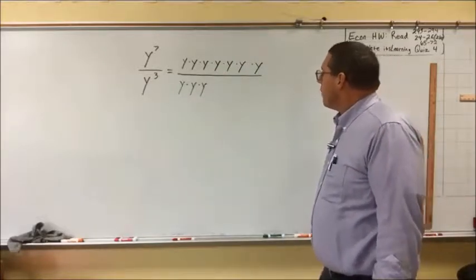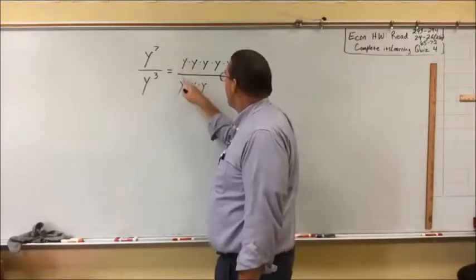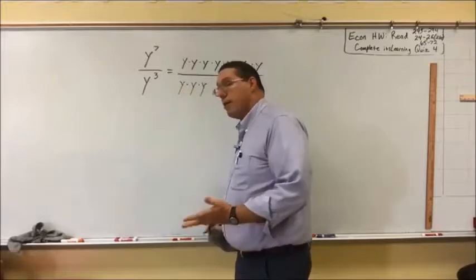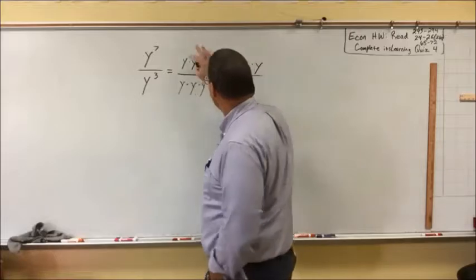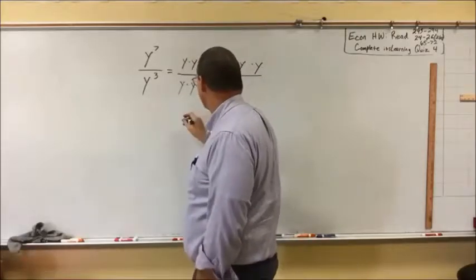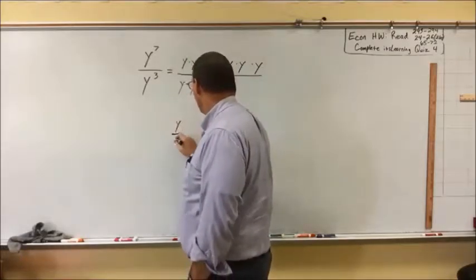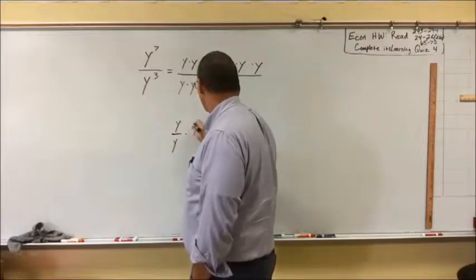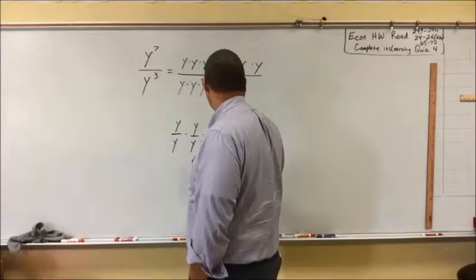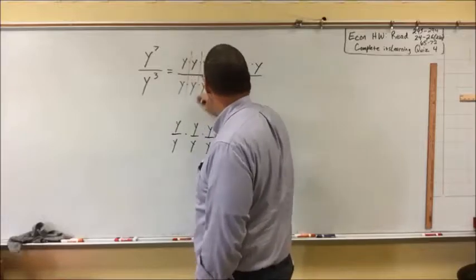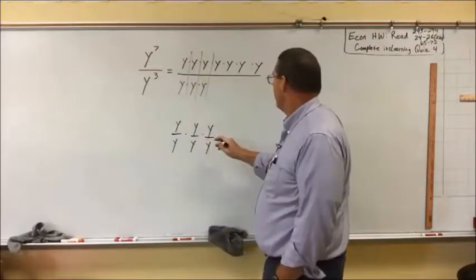Now here's the thing. Y divided by y is equal to 1. And so what we have here is we could actually split this up into some individual fractions. We have y over y times y over y times y over y. See that? This is 1 fraction, 2 fractions, 3 fractions.